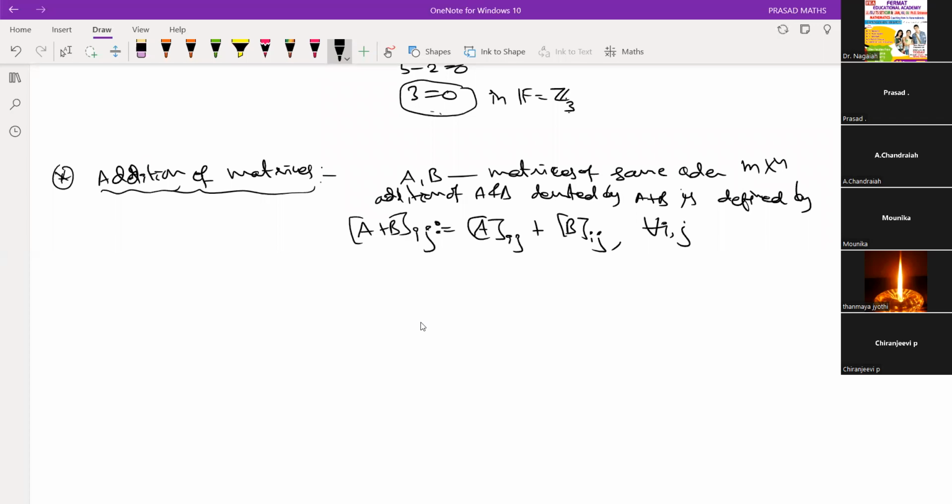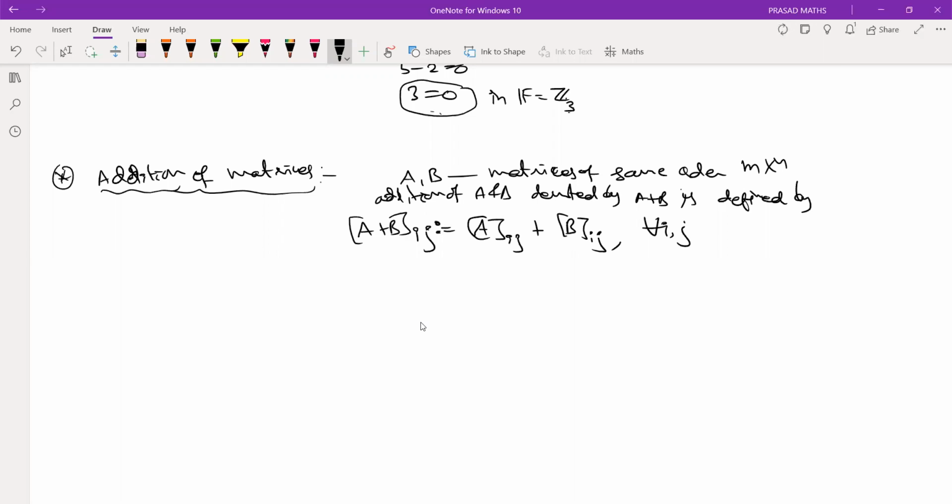Right? So A plus B is defined by adding the corresponding elements. A plus B is a matrix of the same order in which the elements are obtained by adding the corresponding elements of A and B. The ijth entry of A plus B is nothing but the ijth entry of A plus the ijth entry of B. So that is the definition.